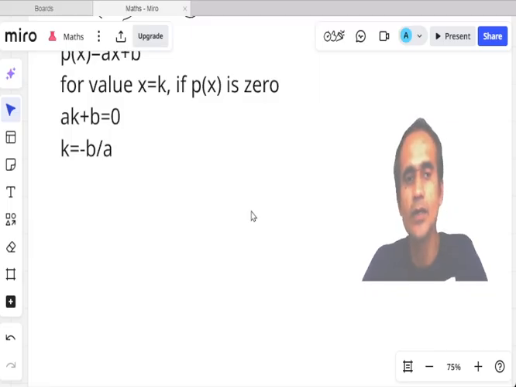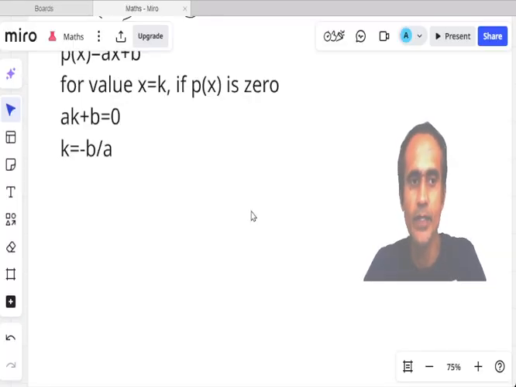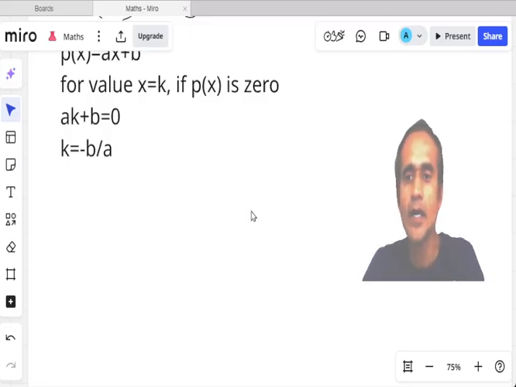So we'll draw a line on a graph chart, then for the value x equal to 0, we'll find out where that point exists on that line in the graph. And from that we will understand the geometrical meaning of a polynomial. I will help you with that in my next video on polynomials.